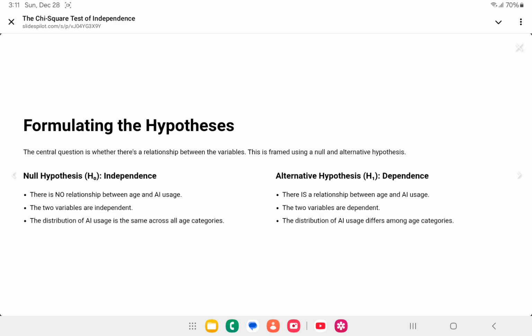In the null hypothesis, independence means that there is no difference in the distribution of AI usage among the age categories. In the alternative hypothesis, dependence or relationship implies that AI usage distribution will differ among the age categories. Specifically, the question here is, are some age categories likely to use AI more than others?